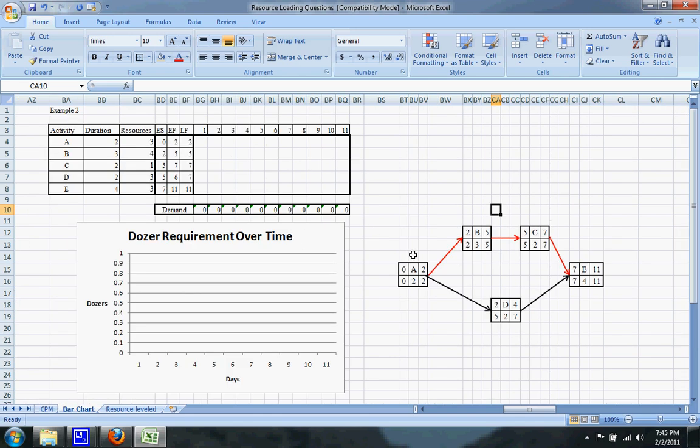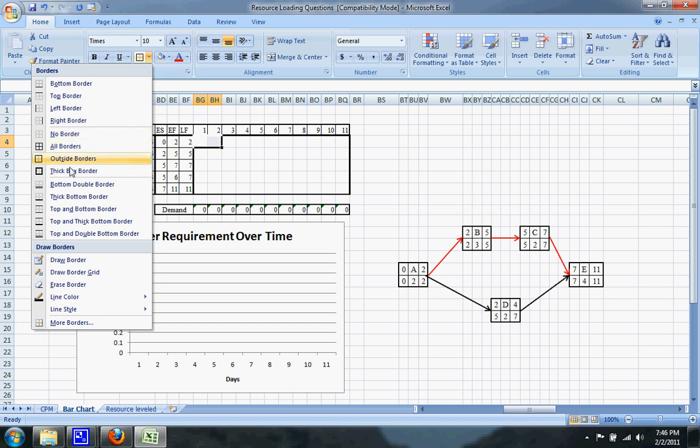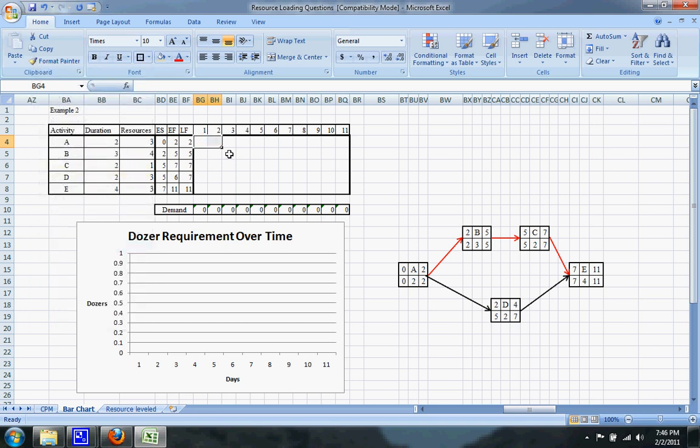So here's the setup. Same critical path, just have the bar chart set up right here. So A will go for the first 2 days of the project, and then B will start after A is done and go till the 5th day.